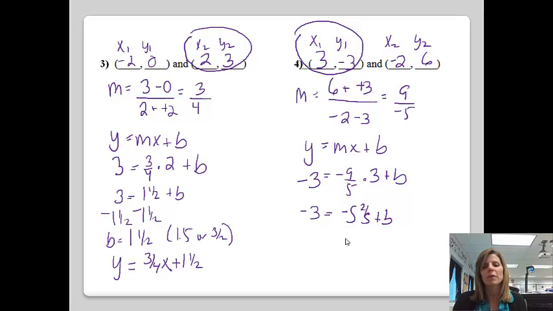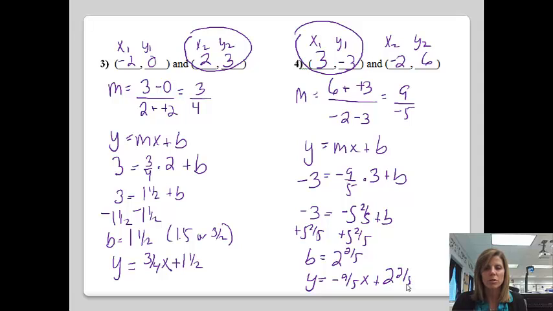And then to get rid of -5 2/5, we'll add 5 2/5 to both sides. And so I'll end up getting b equals 2 2/5. So the equation of my line will be y equals m, which is -9/5 x, plus b, which is 2 2/5.